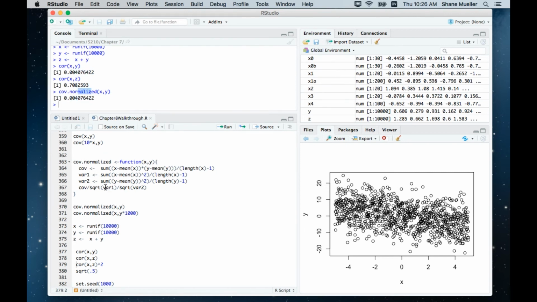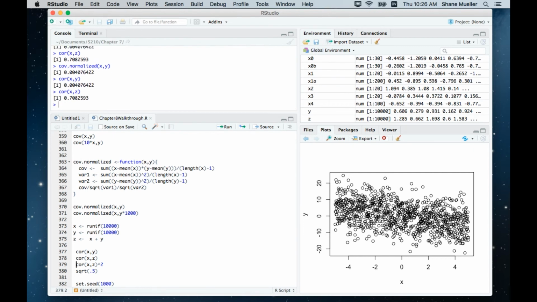So this formula we built up from just adapting the variance formula for two things is what correlation is. And so if you ever are trying to figure out what a correlation is, all it is is this. It's the covariance divided by the scale.